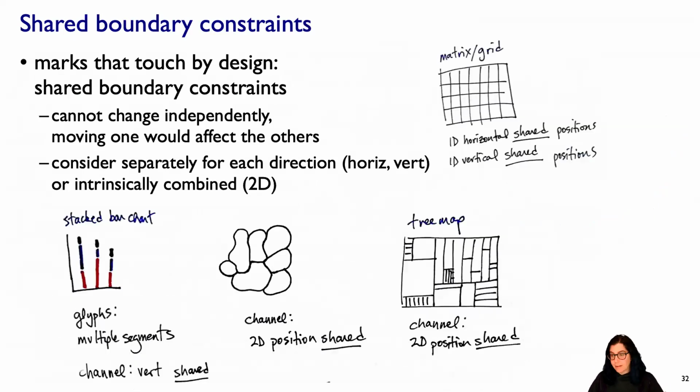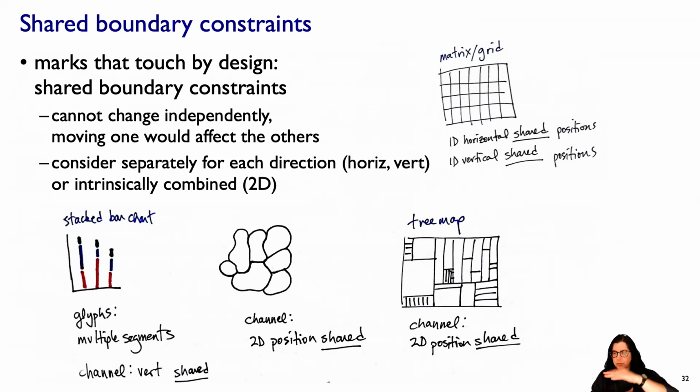So it's not just an issue for choropleths, it's an issue for all kinds of things. Let's imagine just this simple matrix, this grid. What are you doing if you've got a grid? Well, you've got a bunch of horizontal shared positions. The right side of one is the left side of the other. The top of one is the bottom of the other vertically.